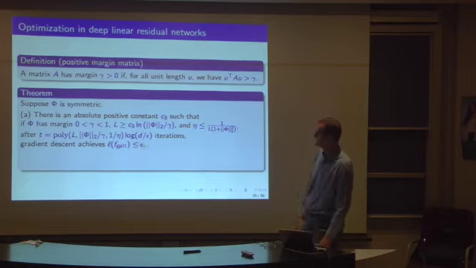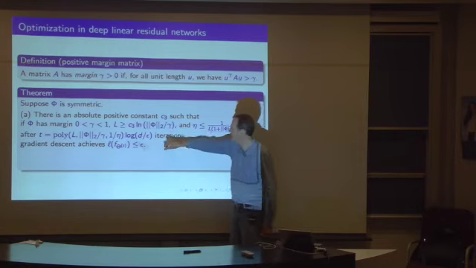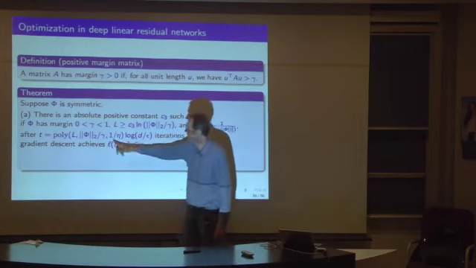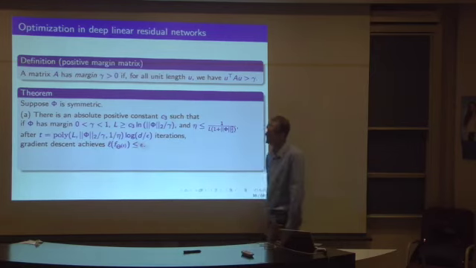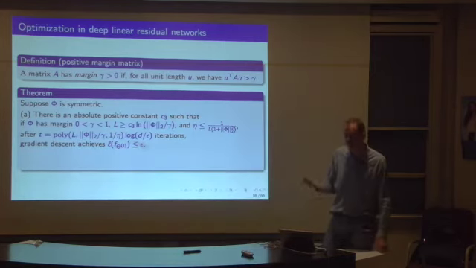This quadratic thing is less than epsilon. So for the symmetric case, under this positivity condition, we can reach the optimum using just straight gradient descent.